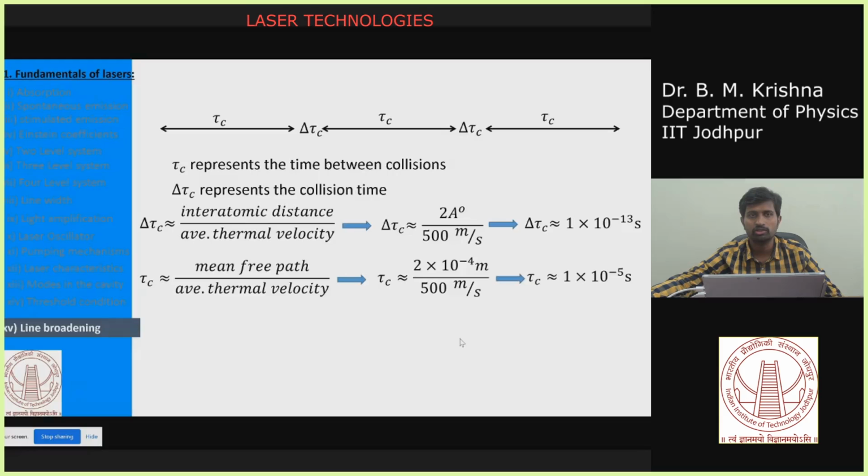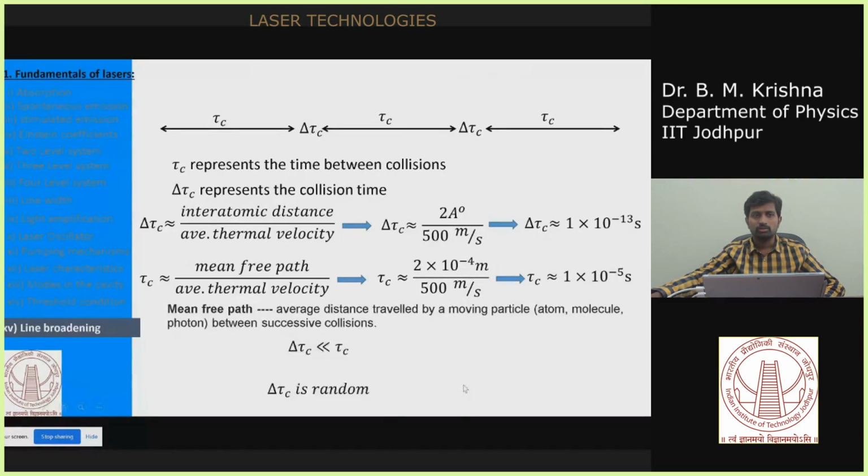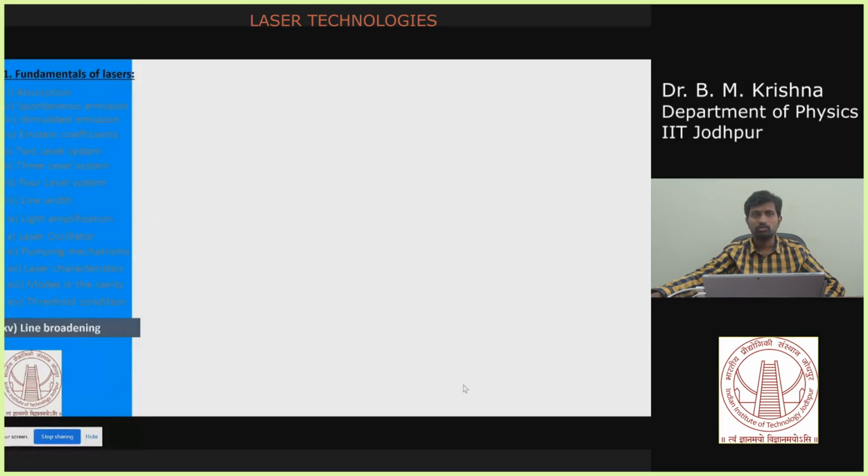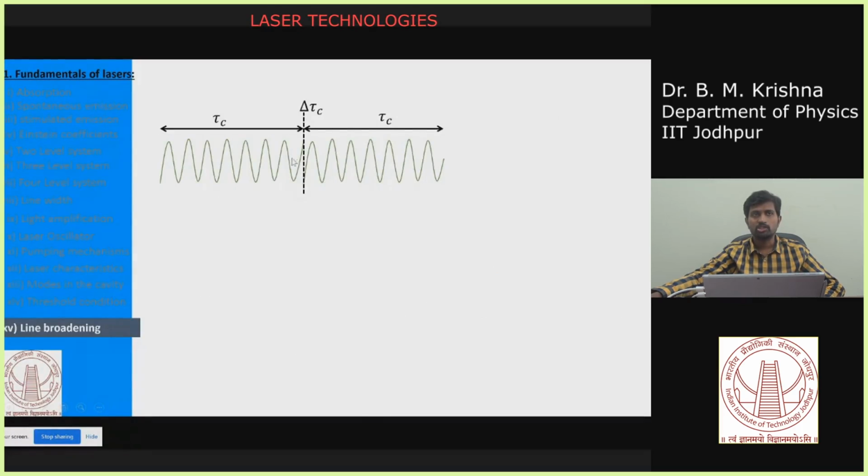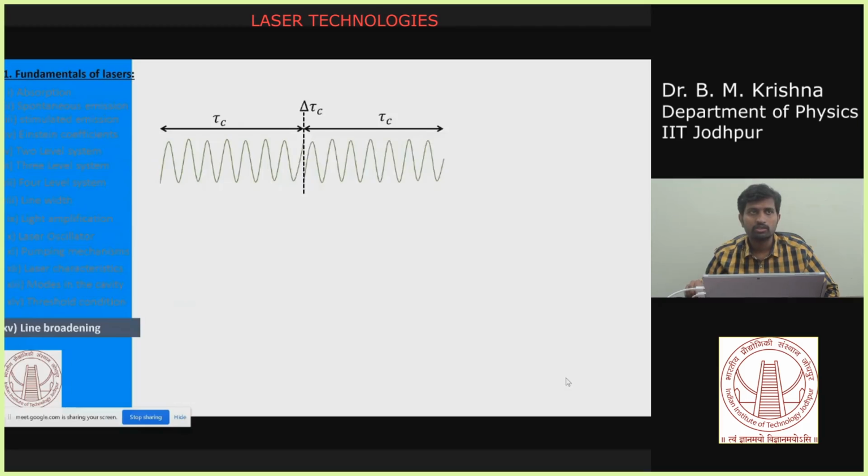The time between collisions depends upon the mean free path, approximately in the microsecond time scales, whereas the collision time scales will be in the sub-picosecond time scales. This time scale difference is orders of magnitude. So we figured out that delta TC is much less than the TC. Delta TC is very short, because the collision is almost instantaneous.